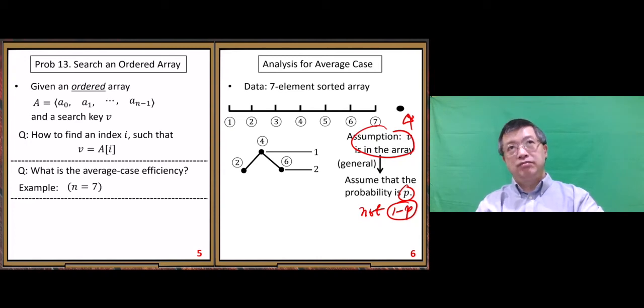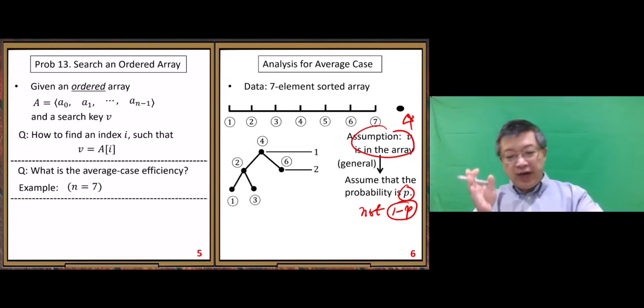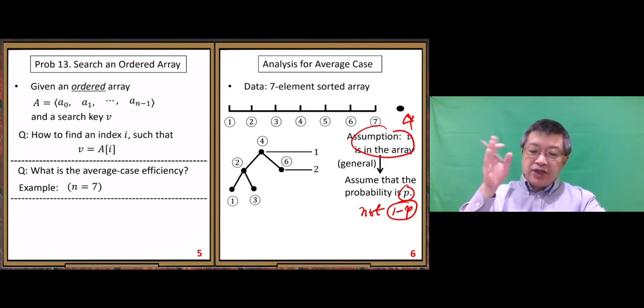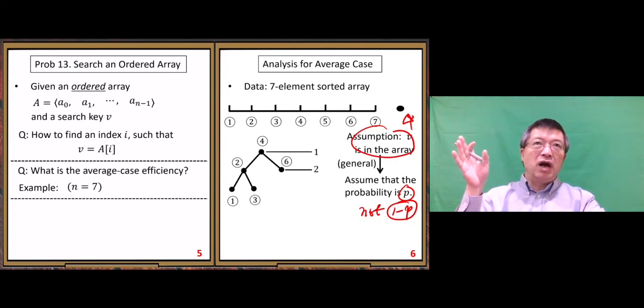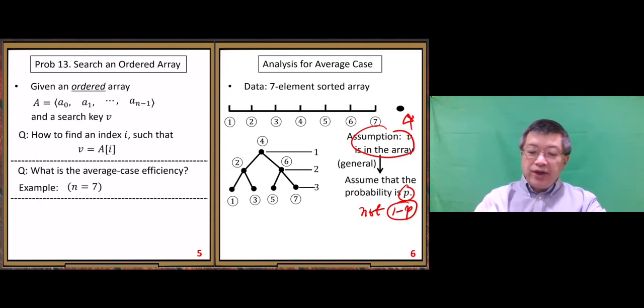We will use these numbers later. After that, if it's not 2 and not 6, you again go to the left or the right: 1 or 3 on one side, 5 or 7 on the other.